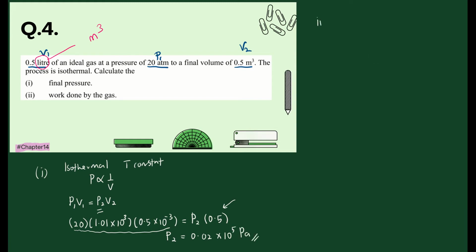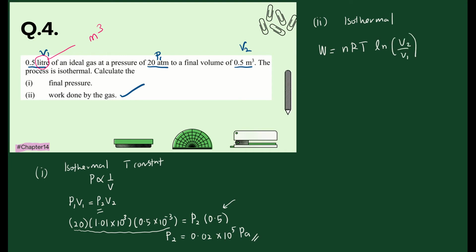For the second question, we need to find out the work done by the gas. Remember we have a specific equation for the work done in an isothermal process. Work done is equal to nRT ln V2 over V1.